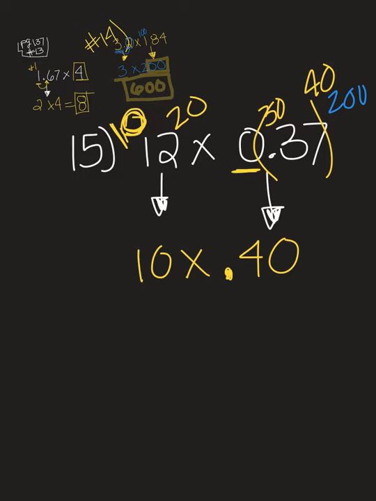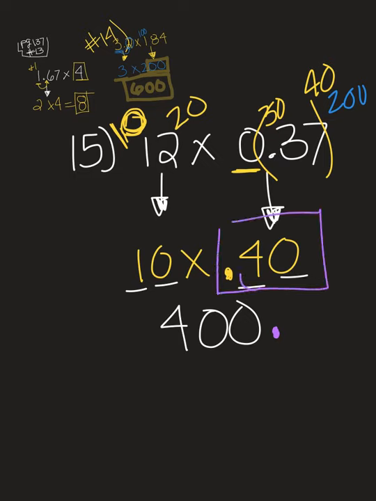I'm dealing with zeros here, so I can follow the same rules. Multiply the digits that are not 0. 1 times 4 is 4. Count the zeros. I have 2 of them. Put them there. Now remember that the decimal, if this was a whole number, would be here. But we're not multiplying by a whole number because we have 40 hundredths.